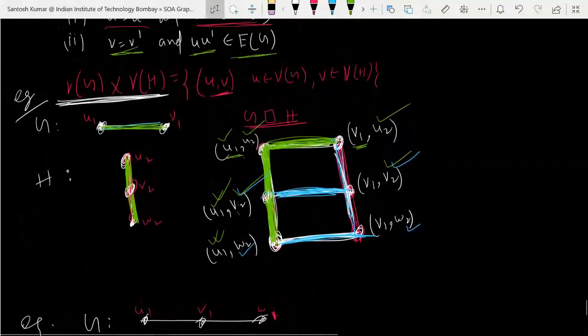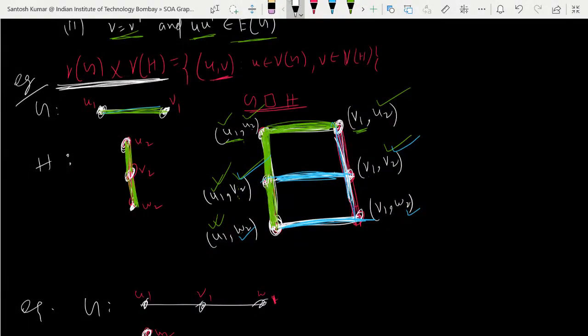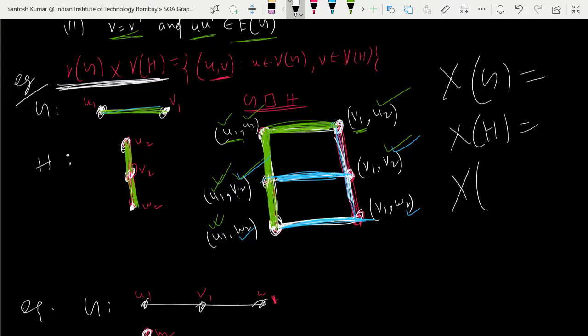Okay, so I would like to ask you, here, what was the chromatic number of G, what was the chromatic number of H, and what is the chromatic number of G Cartesian product H?